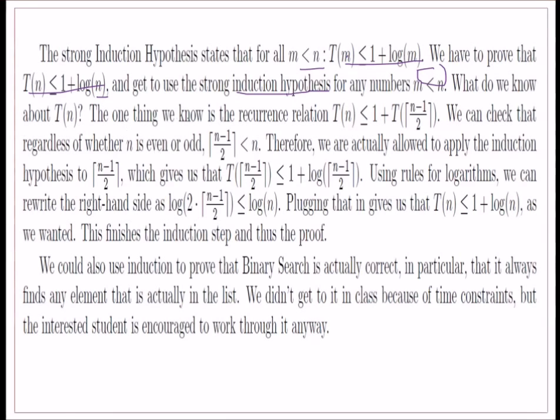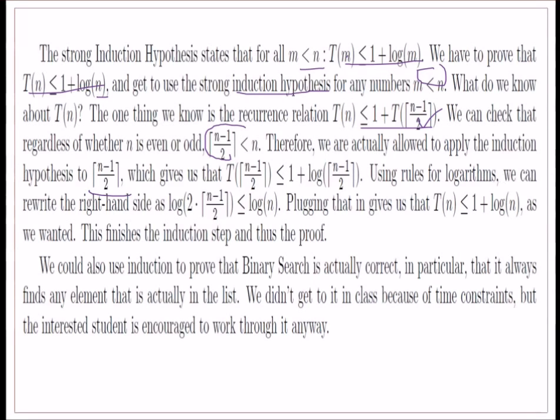So what we know about T(n) is that T(n) is less than or equal to 1 plus T((n-1)/2). This we have already discussed. We can check, regardless of whether n is even or odd, that (n-1)/2 is less than n. And we can then apply the induction hypothesis to (n-1)/2. So it gives us T((n-1)/2) is less than or equal to 1 plus log((n-1)/2).